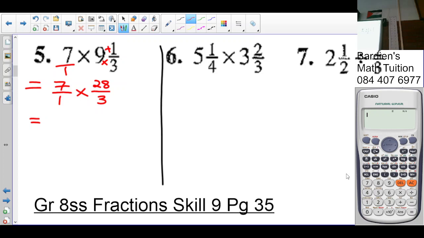No. 3 and 28? No, of course not. And 1 and 28? No. So in other words, we must just say 28 times 7. 7 times 8 is 56. 7 times 2 is 14, plus 5 gives you 196. Is that correct? Right, so it's 196 over 3. If you want to write this as a mixed number, it will be 65 and 1 over 3.